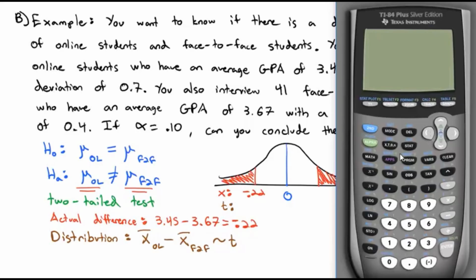Again, on the calculator, the way we get to the test is we'll go to Stat. It's right next to the arrows. We'll scroll over to Test, and we'll scroll down to the 2-sample t-test.